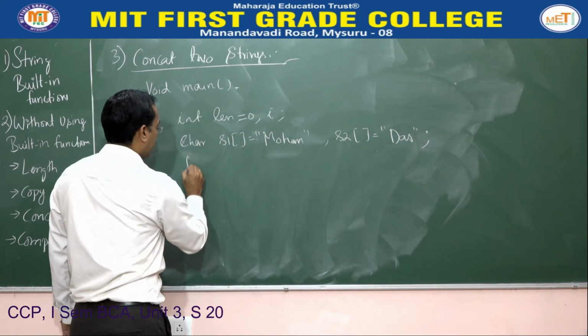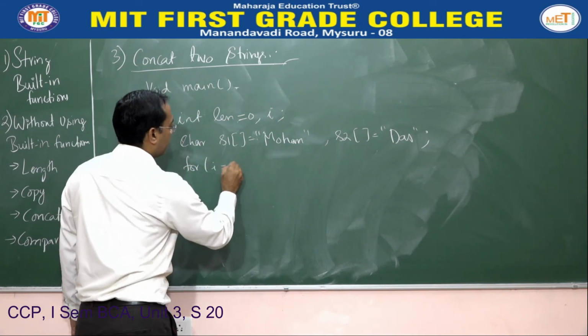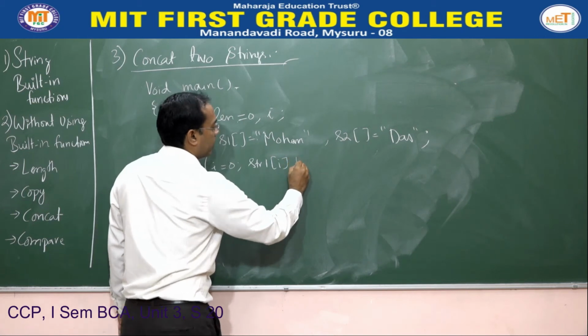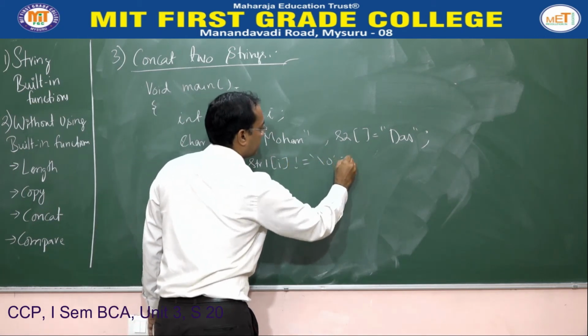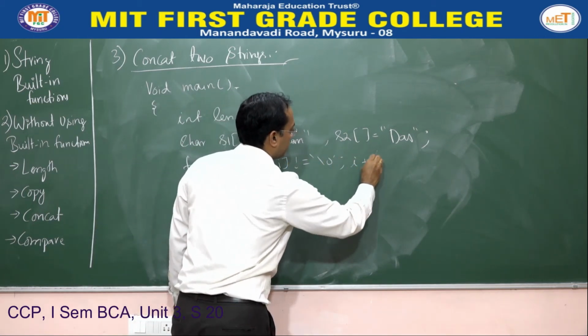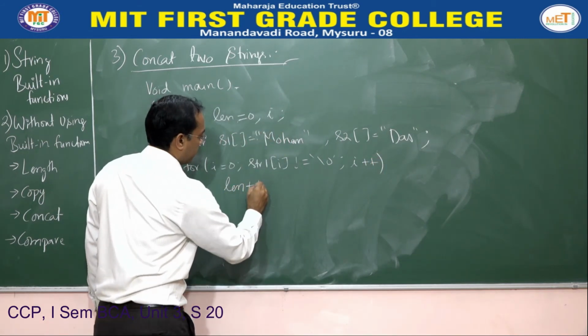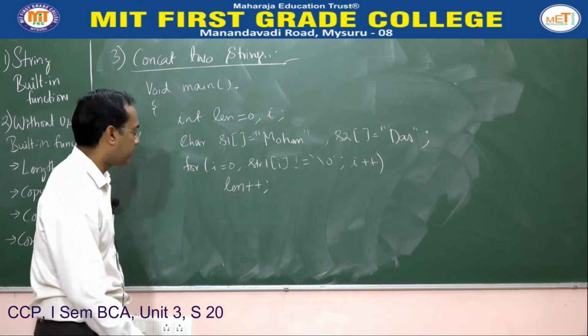Now find the length: for i is equal to 0, str1 of i not equal to end of the string, i plus plus, length plus plus. Now you got the length.